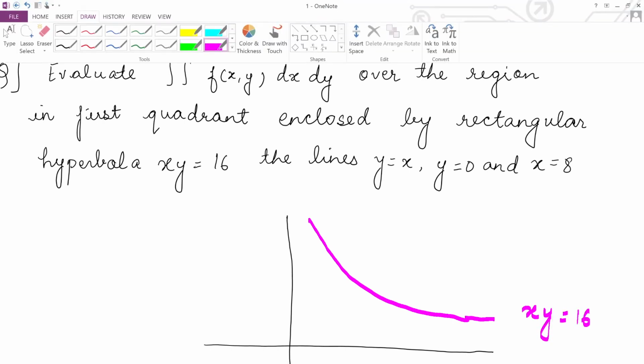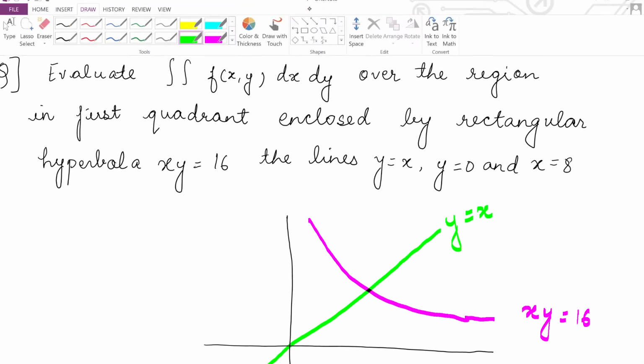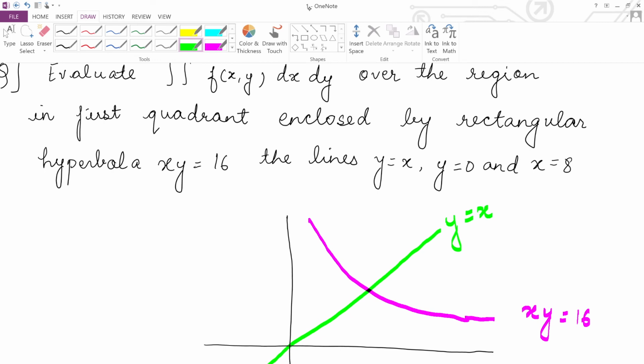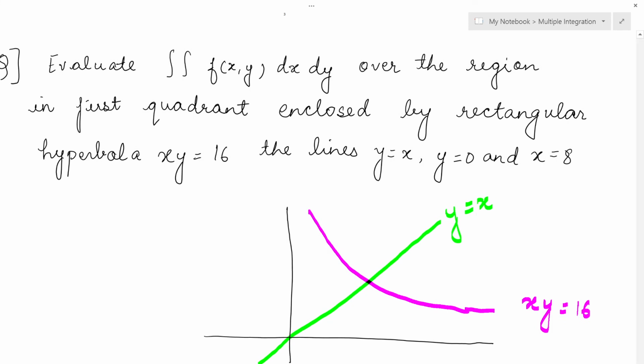You know that y is equal to x is a line which passes through the origin. So this will be y is equal to x, the green line, right? Next, y is equal to 0 we have already drawn, that is my x-axis. And one more thing you need to draw is x is equal to 8. Now x is equal to a is a line parallel to the y-axis. So somewhere over here it will be.